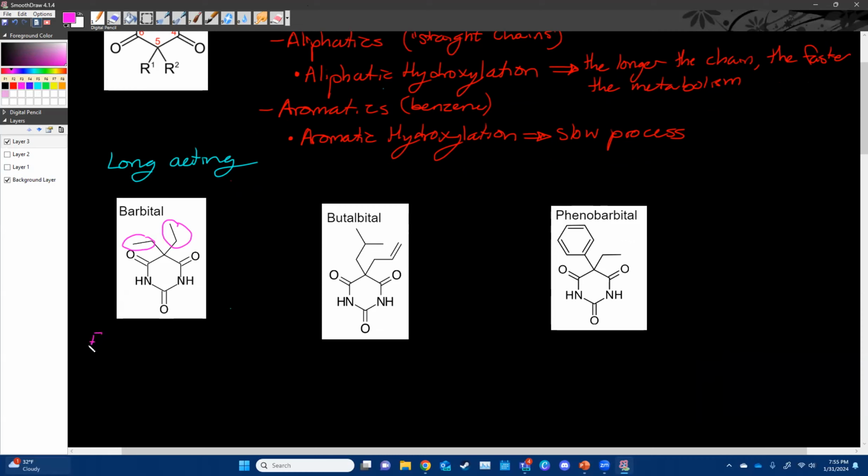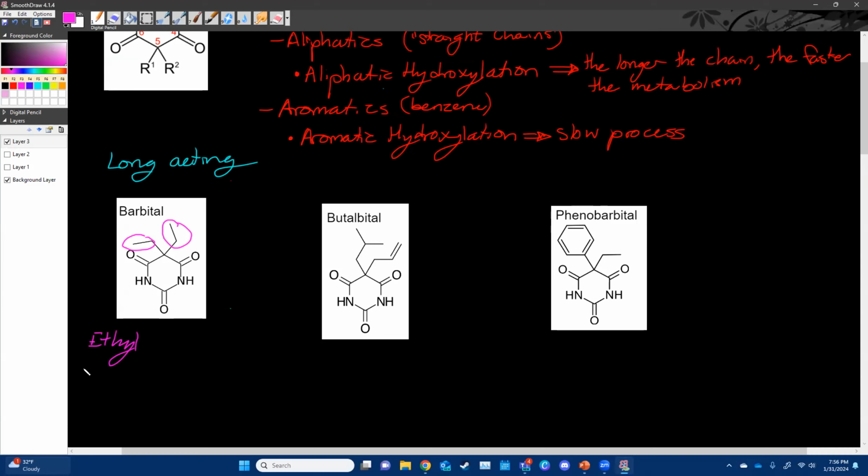We have an ethyl group. So what this means is that aliphatic hydroxylation is very tough on this drug.